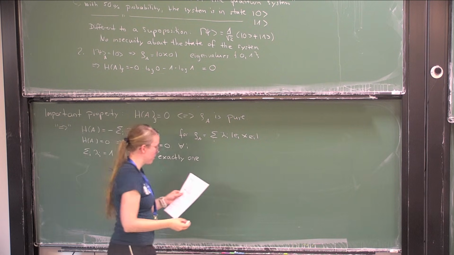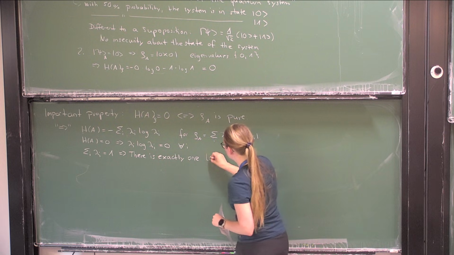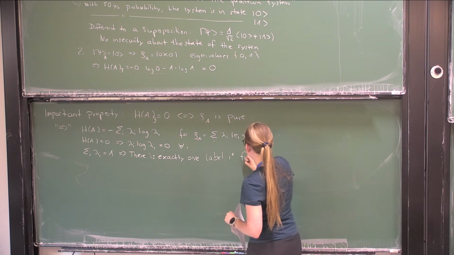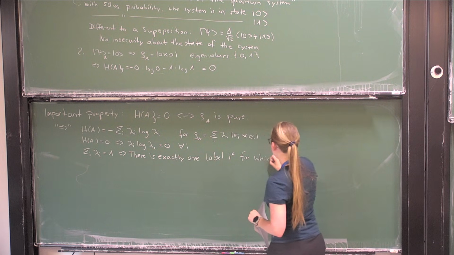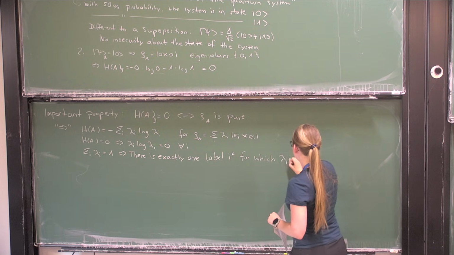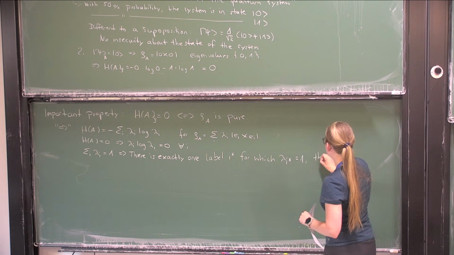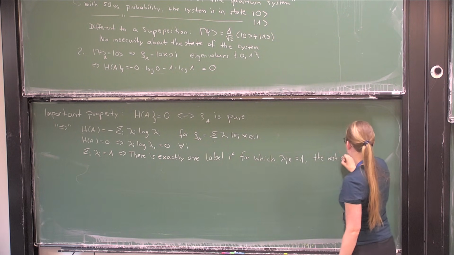Exactly one. So lambda i star is equal to 1, and the rest is 0.